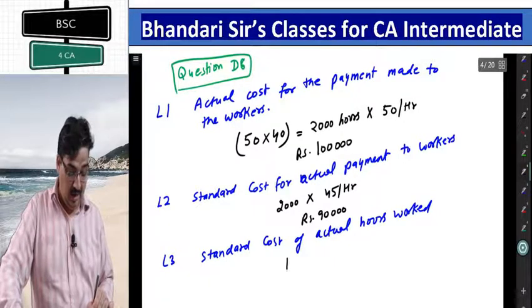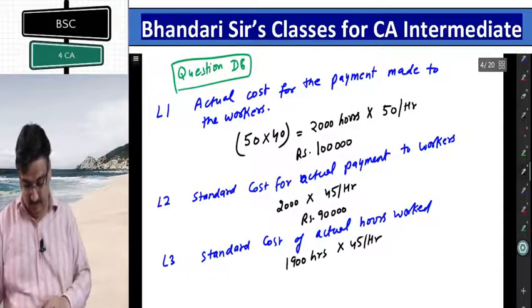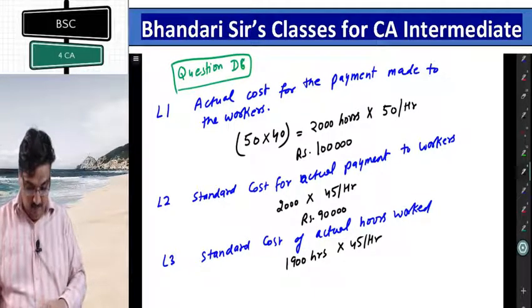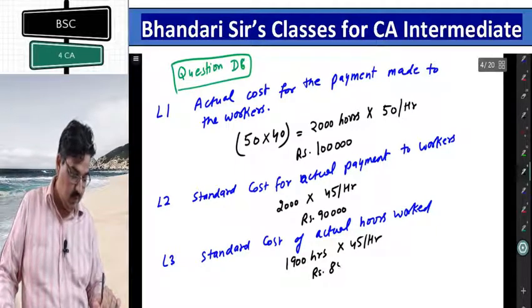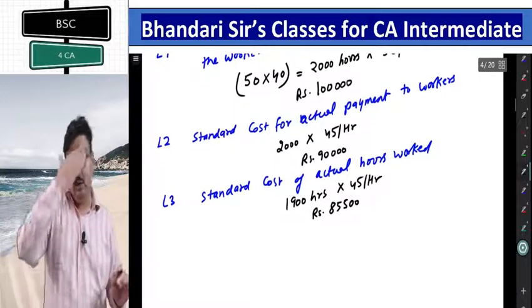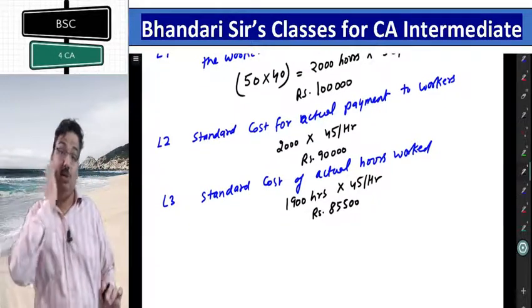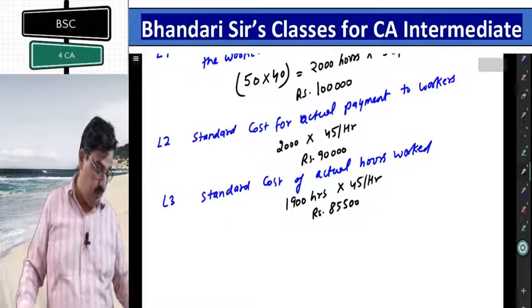So they have worked 1900 hours multiplied by 45 per hour. 1900 into 45 makes 85,500. L4 I don't need, because mix is not applicable in the question.